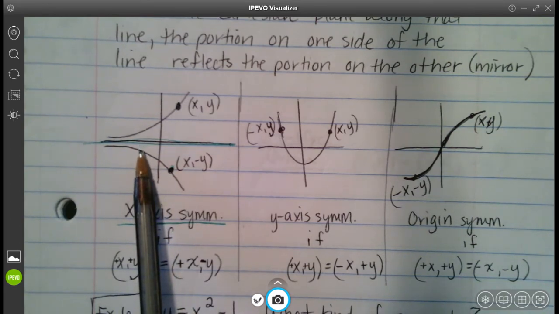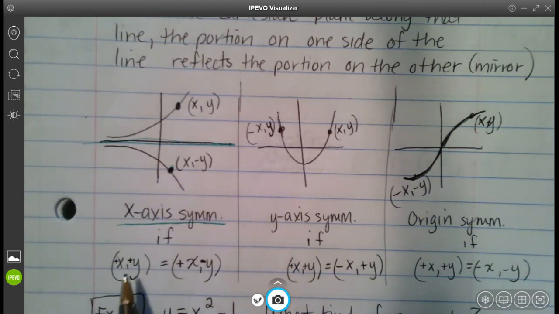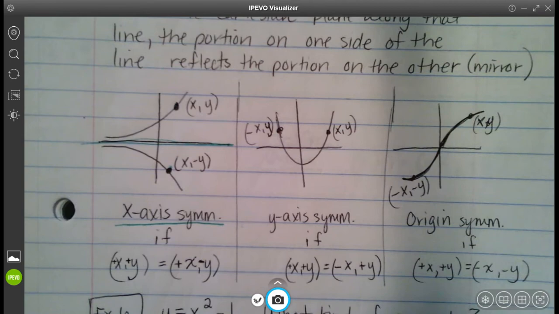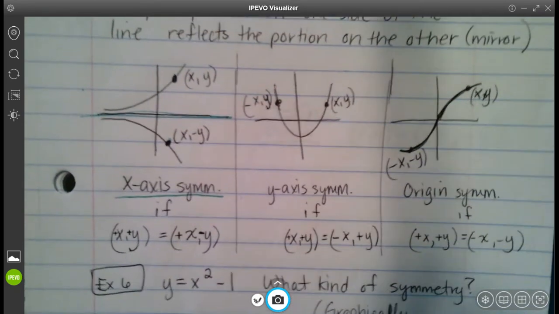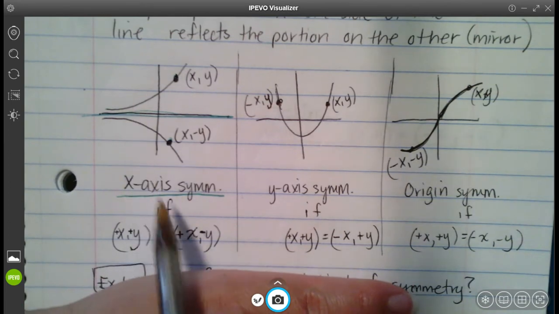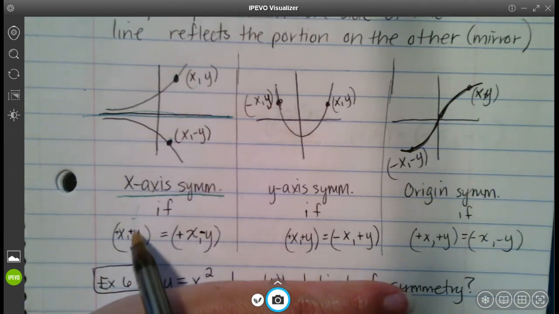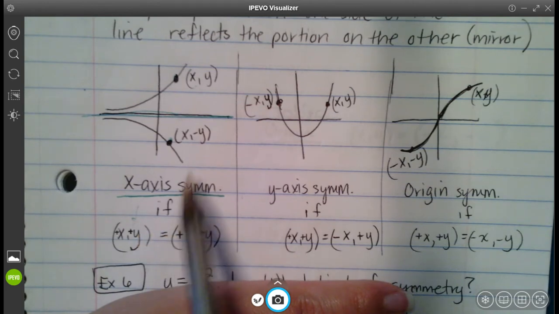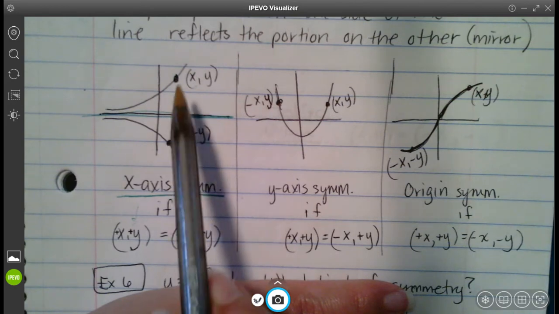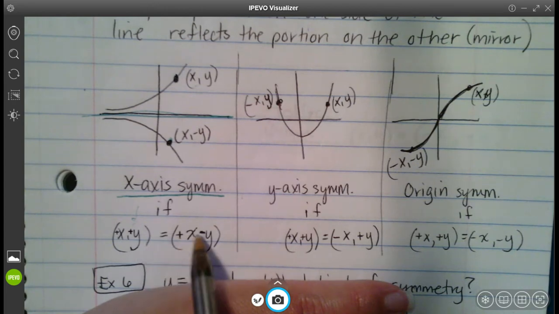Now, algebraically, there's a way to prove this as well, and that is this right here. So if you can see this, I'm going to move this just a little bit because I don't want to show you this bottom part quite yet. But if you can see this right here, our positive xy, if they're the same as this point down here, so if the y's line up on the same x, then this means that you have x-axis symmetry.